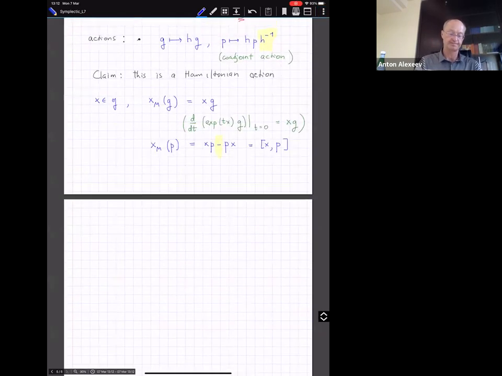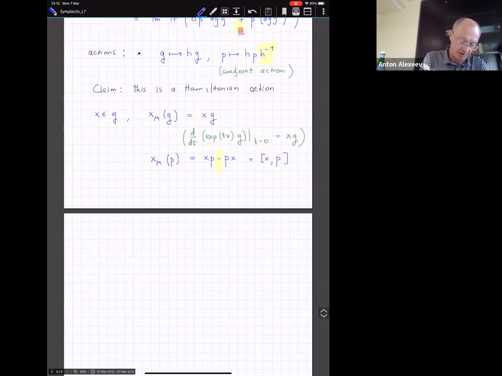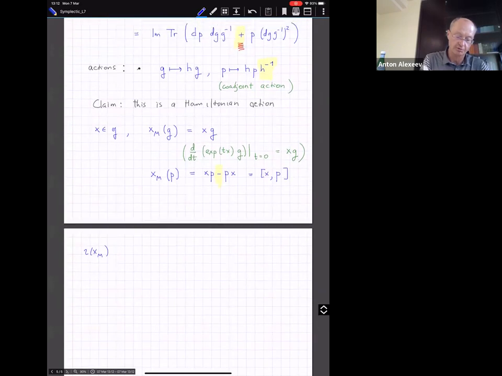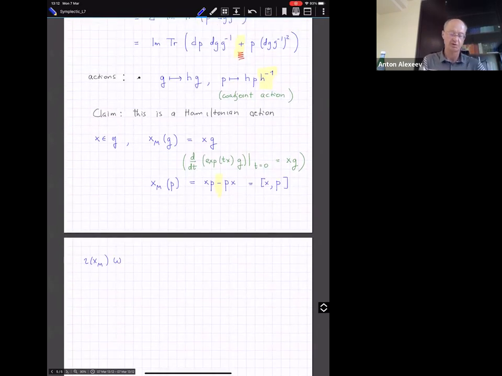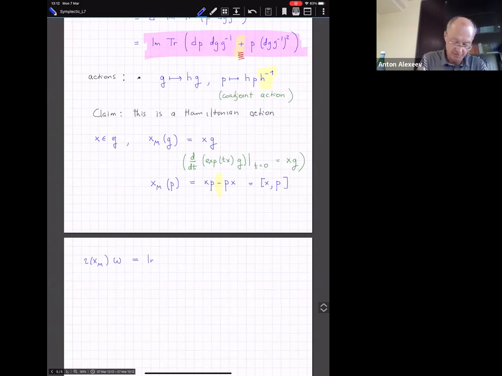All right. So we are now ready for a somewhat cumbersome calculation. I compute iota of X_M omega, and I make a substitution into this last expression. Let's see how it goes. It's the imaginary part of the trace.